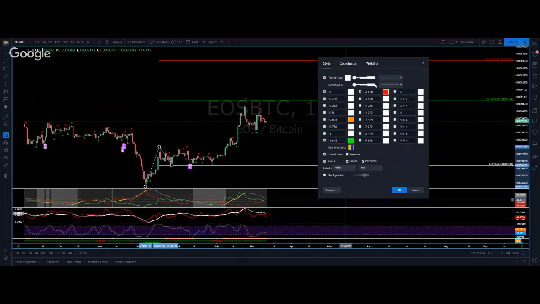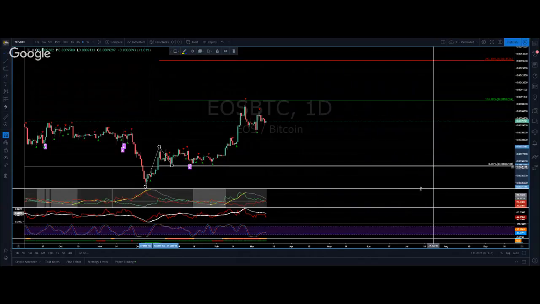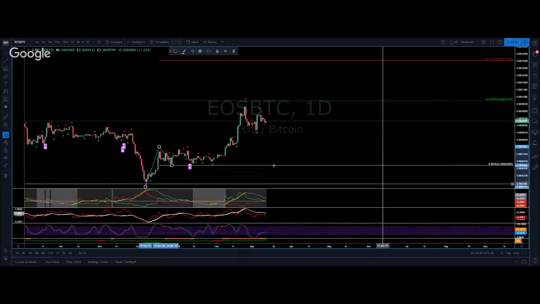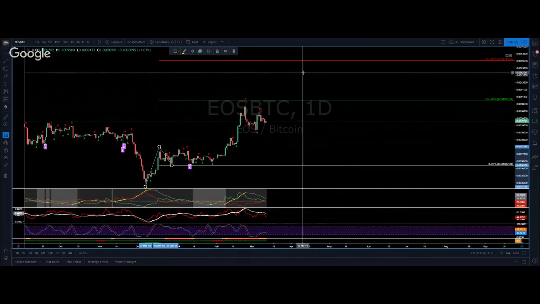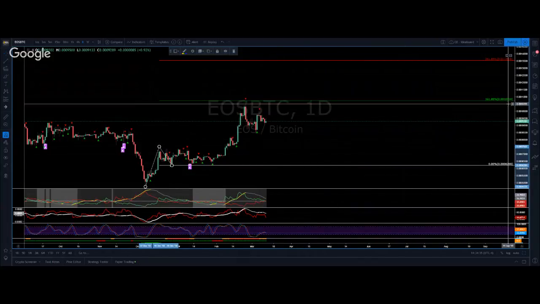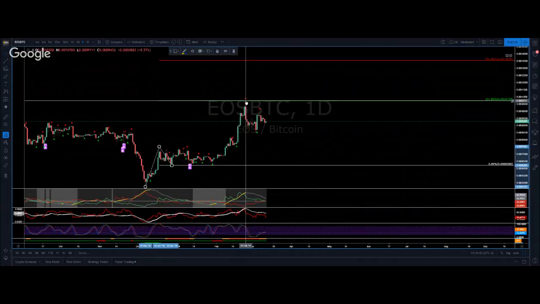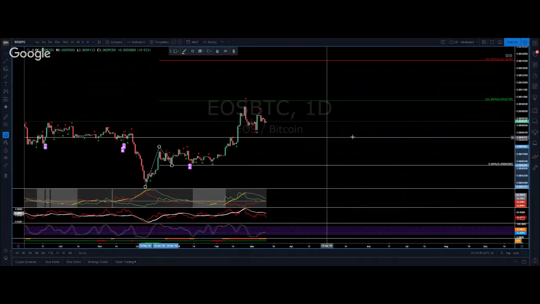I use the 1618 and the 2618 as a general baseline when I'm determining targets once I know wave 1 and wave 2 are complete. Now I can see my target right here was at 10,734, and we reached 10,700. So we were within 34 points of hitting that target almost perfectly.